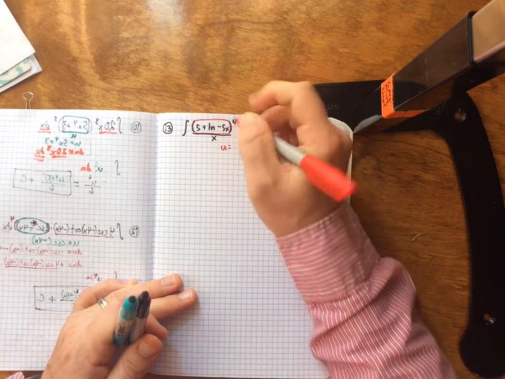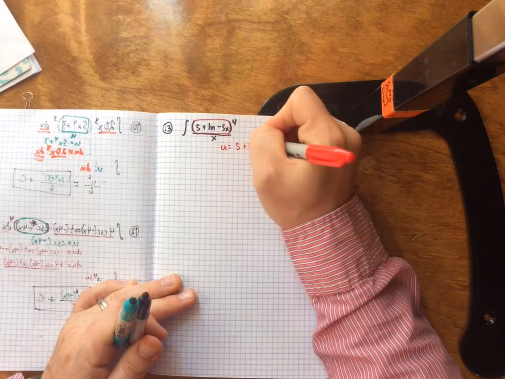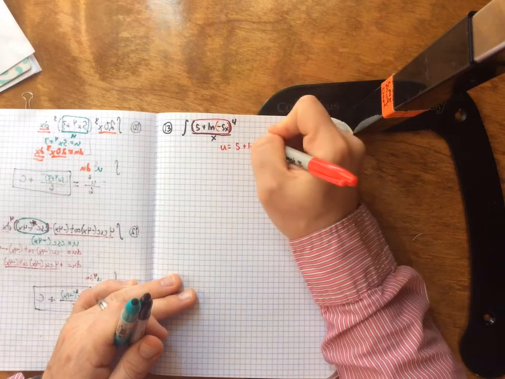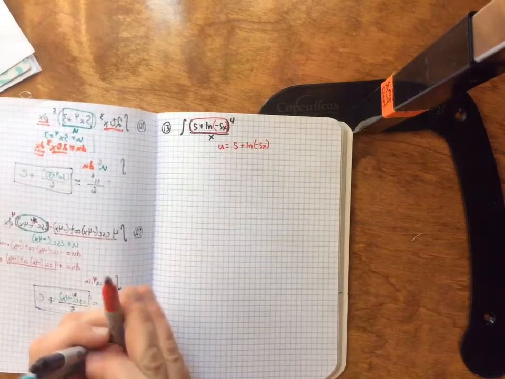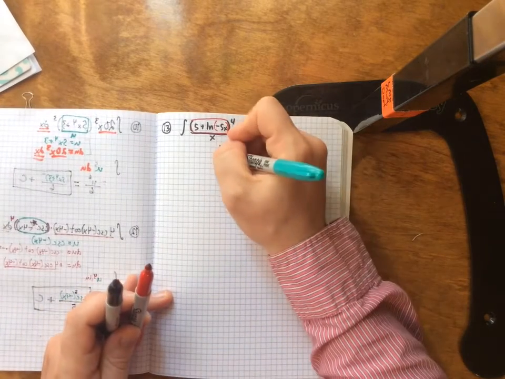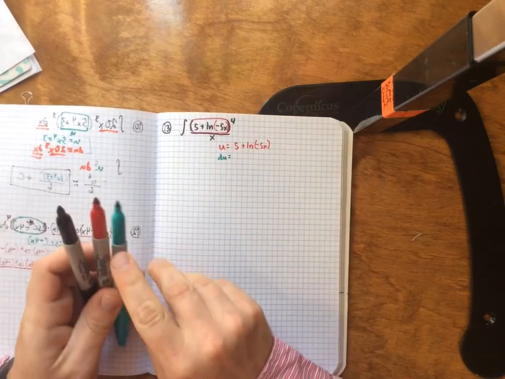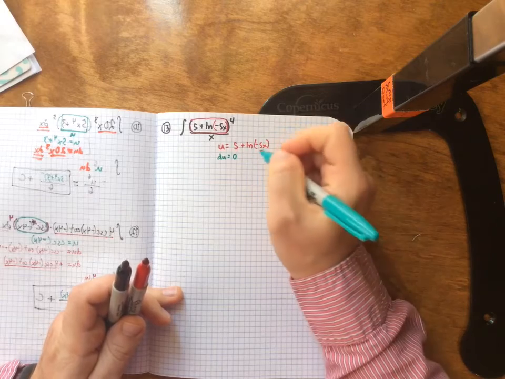So u is equal to 5 plus ln negative 5x. And if you want to draw some extra parentheses around that negative 5x to show that it's inside the logarithm, that's fine too. It helps me. The derivative of that: the derivative of 5 is just 0. I don't really need to write that, but I will for fun.